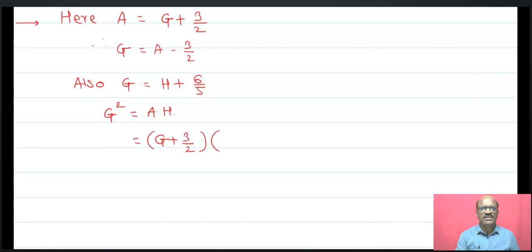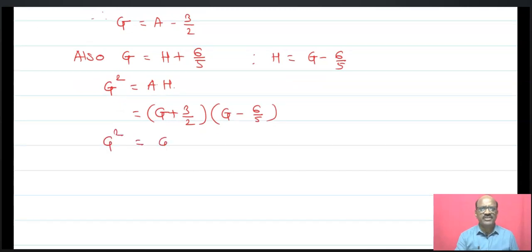Also, we have the relation G square is equal to A into H, and we will substitute the values of A and H in terms of G. That is, H is equal to G minus 6 by 5.